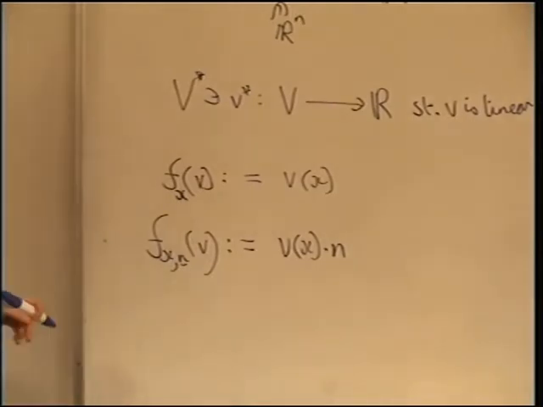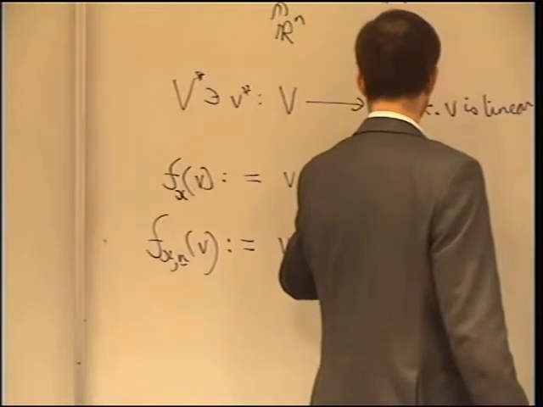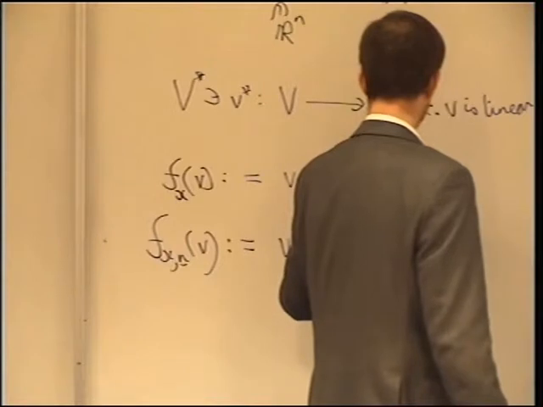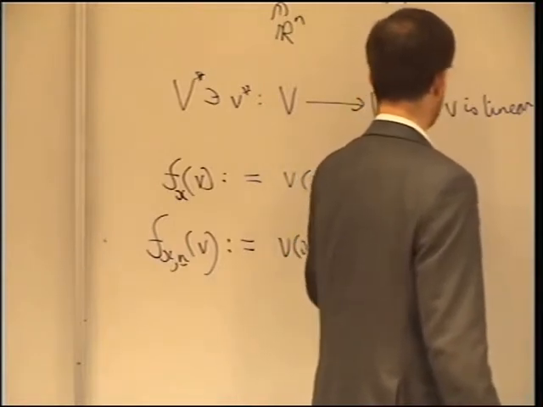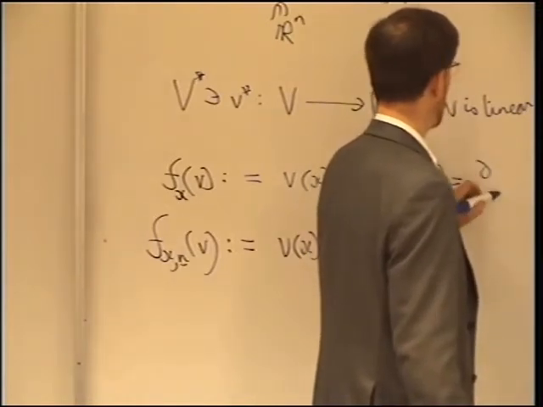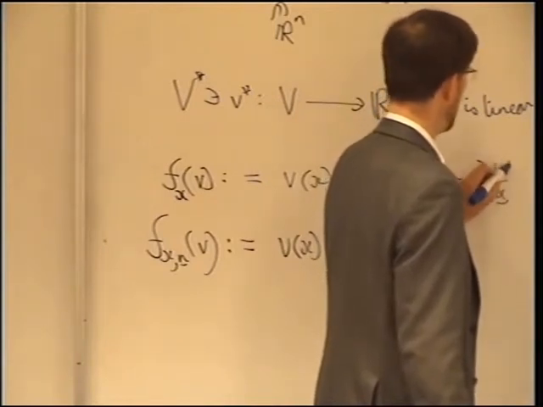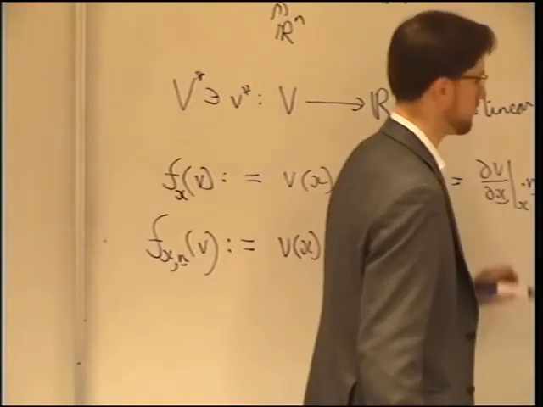So another example that's quite similar to point evaluation that gives you an example of functionals is, what are we going to call this, we can call this delta f_xn of v, which is the gradient of v evaluated at a point x in the direction n.